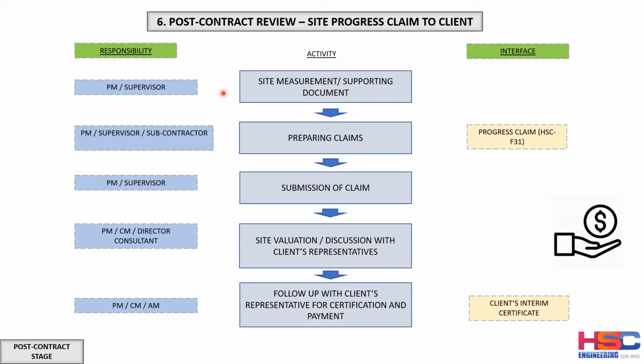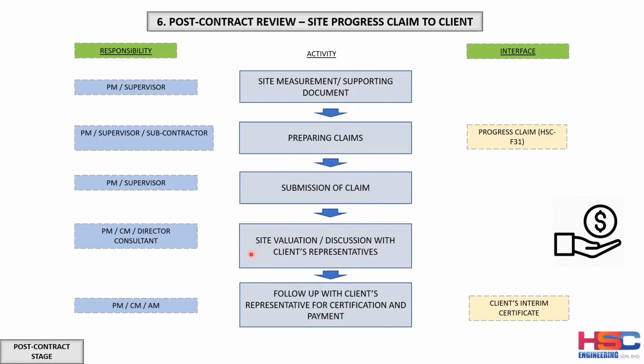The first thing is the project manager or the site supervisor will do the site measurement and produce the supporting document of the progress of work. And then once this is done, the project manager will prepare the claims, and then the project manager will submit the claim.